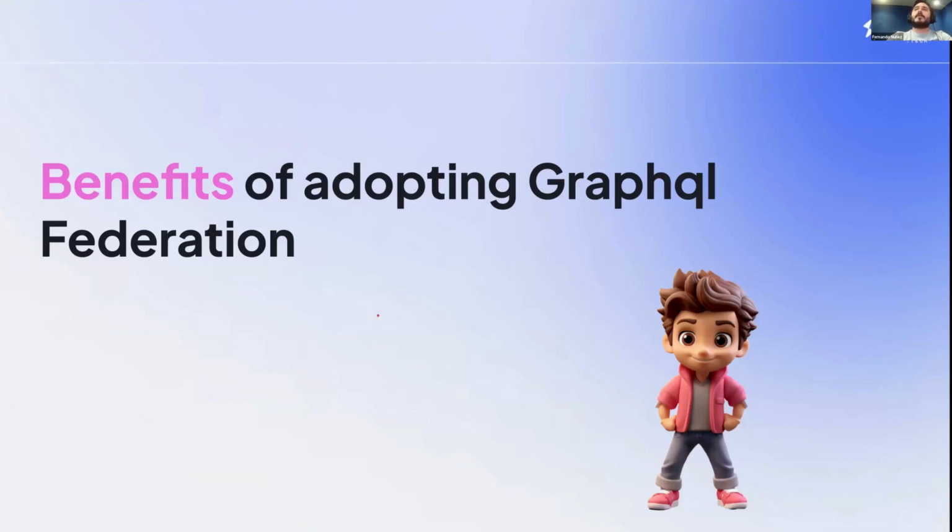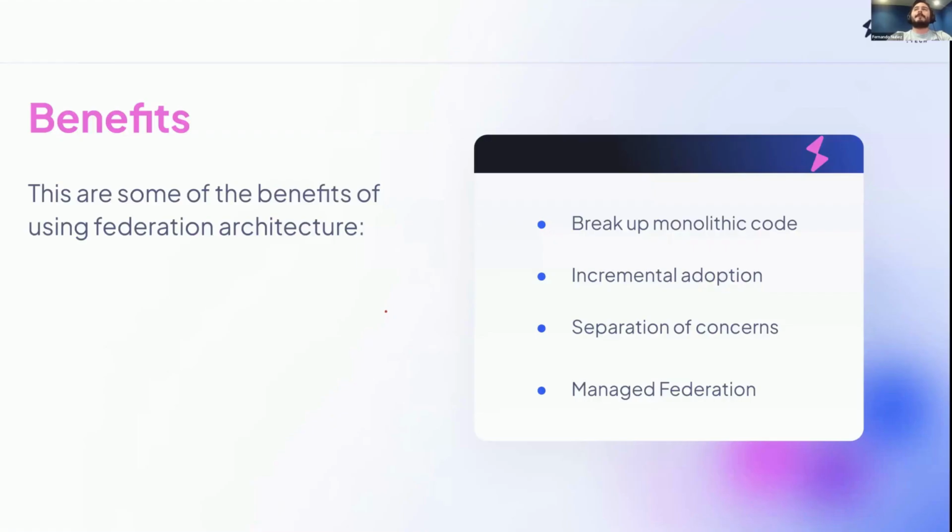So some benefits of adopting GraphQL Federation are that we are, of course, breaking up the monolith code into small pieces that are more maintainable and manageable. Also, and this is very important, we could have an incremental adoption of Federation. We don't need to move an entire GraphQL server to Federation in a single batch, because sometimes that's hard to do in terms of time for the company.